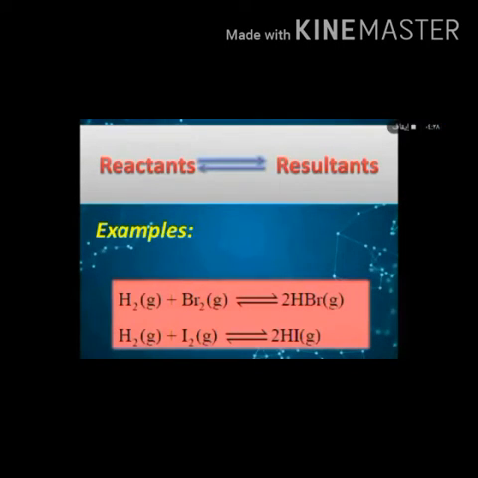But this hydrogen beryllium can react back into the hydrogen and the beryllium. Same thing with the hydrogen and the iodine. When they react, we're gonna get two hydrogen iodide. But this hydrogen iodide can react back into the hydrogen and the iodine.